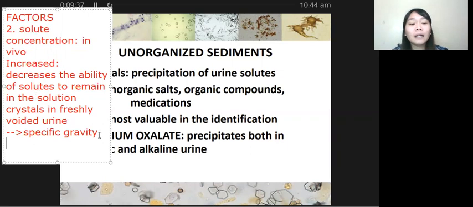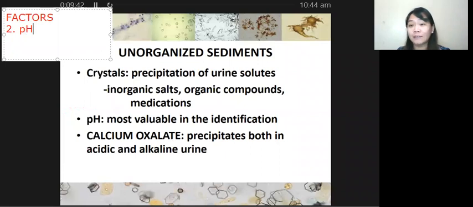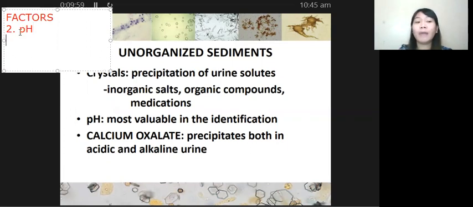Okay? So another factor na dapat nating i-consider would be your pH. Okay? So take note that there are several solutes which might be present in your filtrate or in your urine, which are capable of crystallization. Okay, so based on the pH of your filtrate or your urine, we are able to know what kind of substances are capable of crystallization.